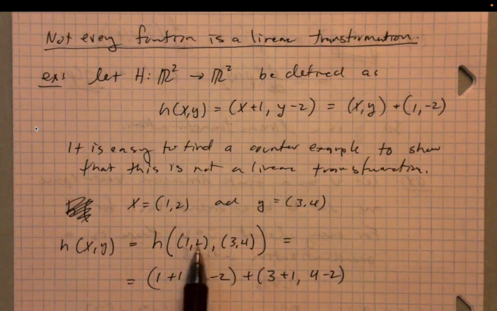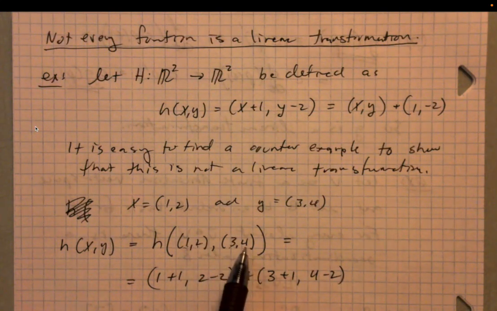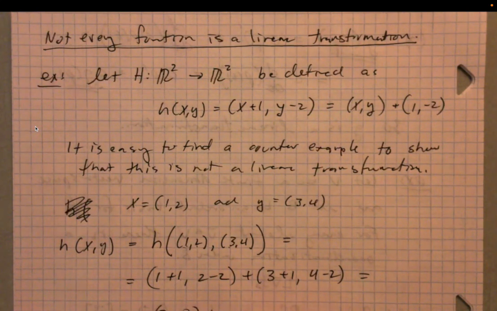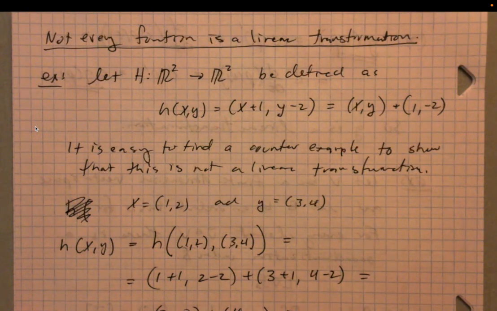So this is the first one, adding 1 to this guy, subtracting 2 from that guy, and then the second one, adding 1 to the 3 and subtracting 2 from the 4. So I see that this is (2, 0) plus (4, 2). And so what do I get? I get (6, 2).